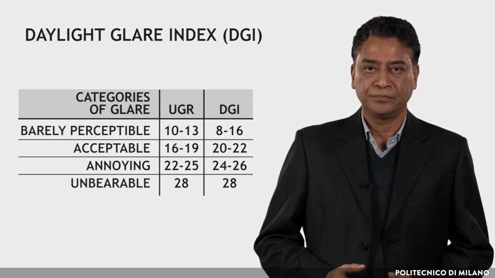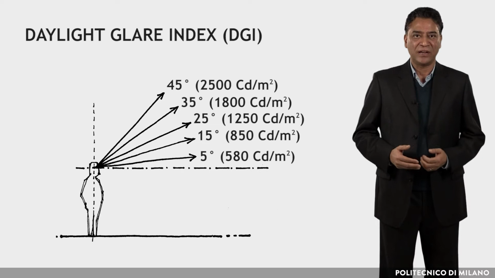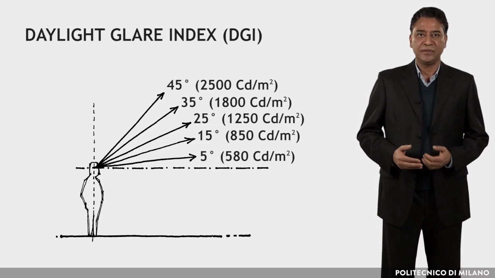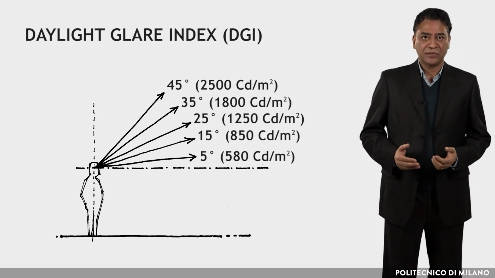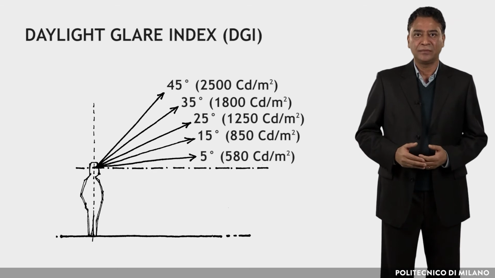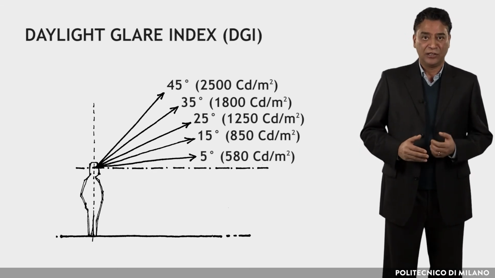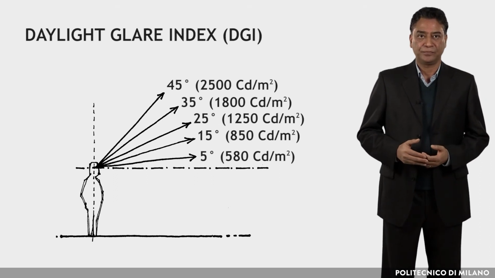The human eye has difficulties to handle high levels of luminance directly in the area of vision, which falls in the fovea. As the source of potential glare moves towards the central area of the visual field, the allowable luminance level decreases as shown in the figure.